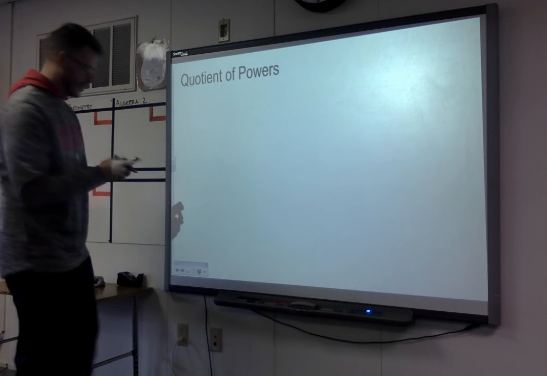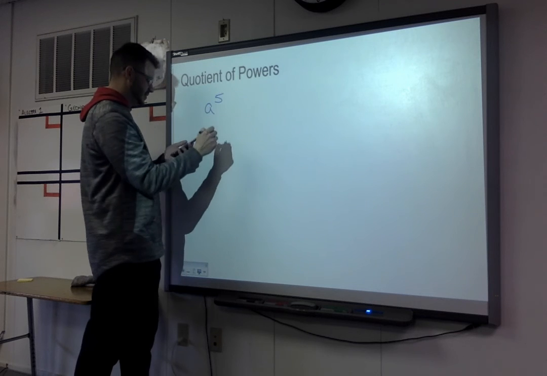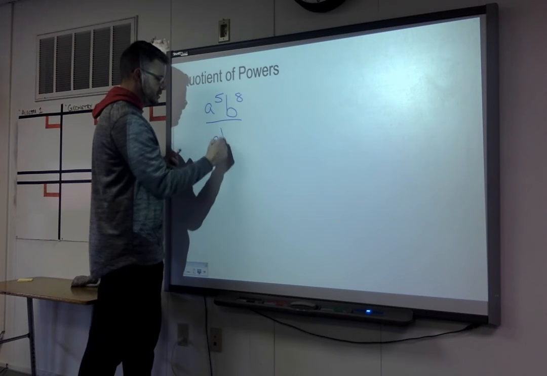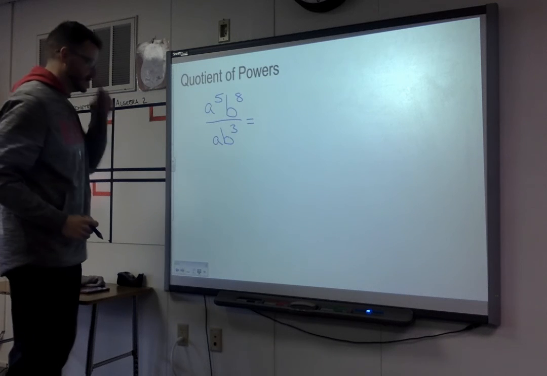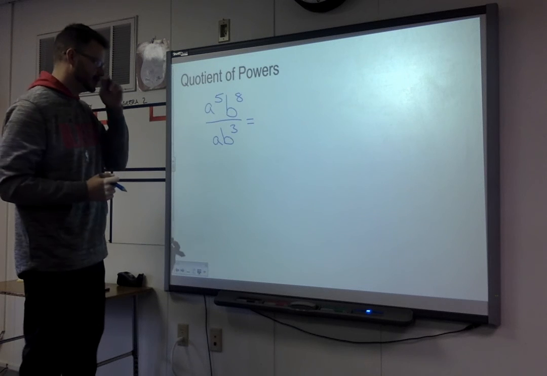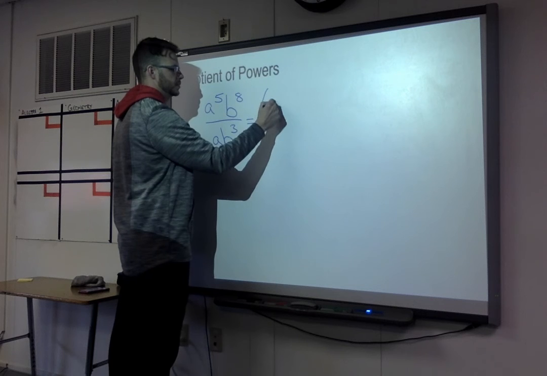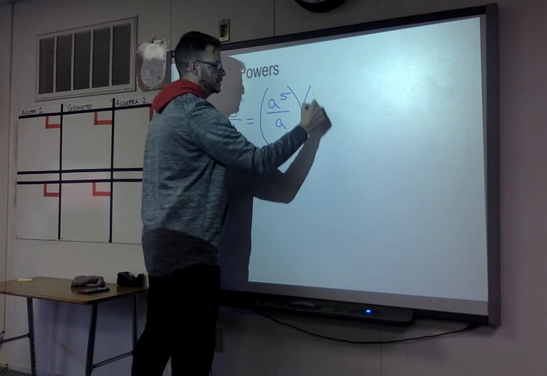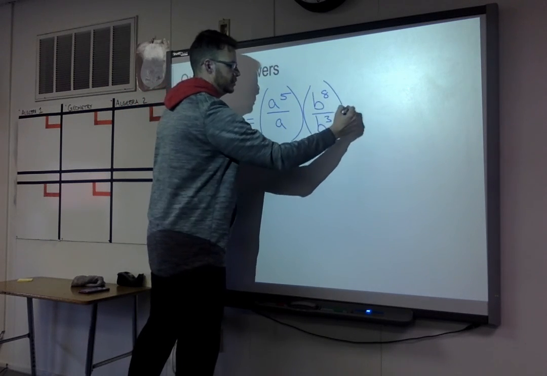So quotient of powers. If we have a to the fifth times b to the eighth over a times b cubed. What this is really saying, if we separate it, again, you don't have to do this, this is just showing you how this works. We can separate this into 2 different division problems. We can say a to the fifth over a times b to the eighth over b cubed.